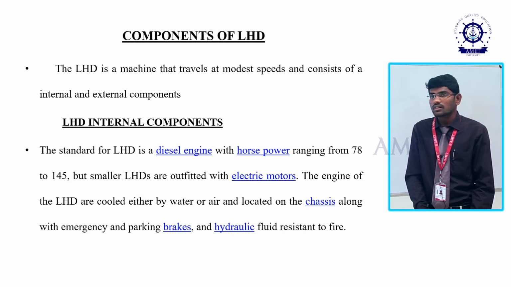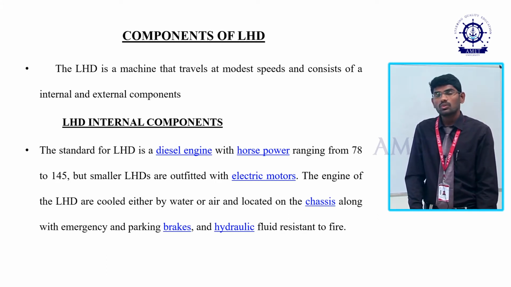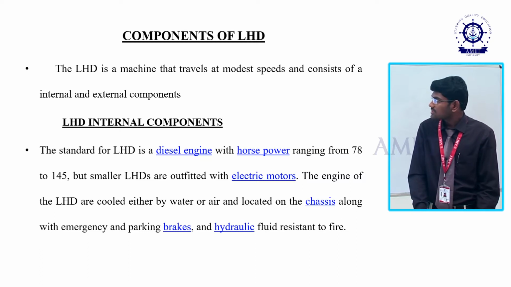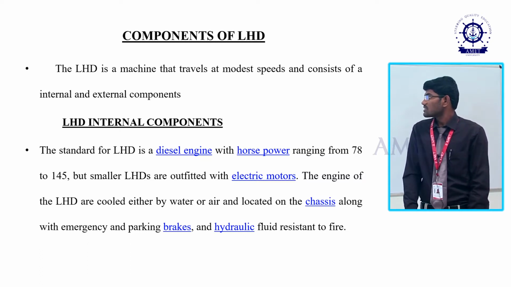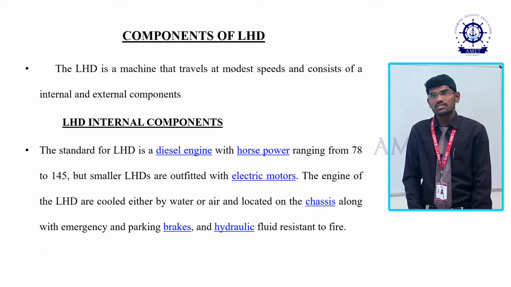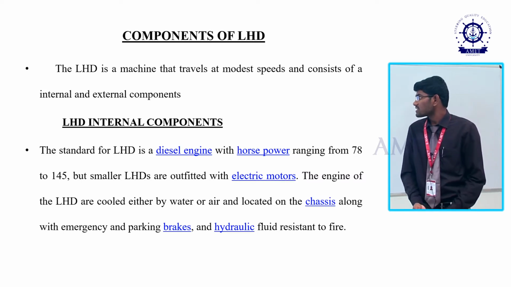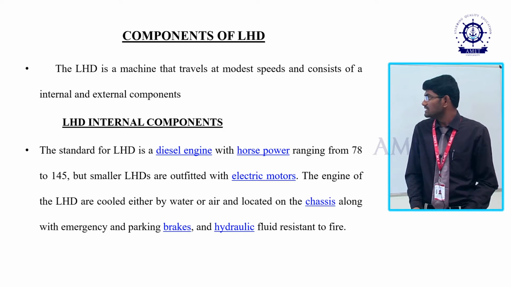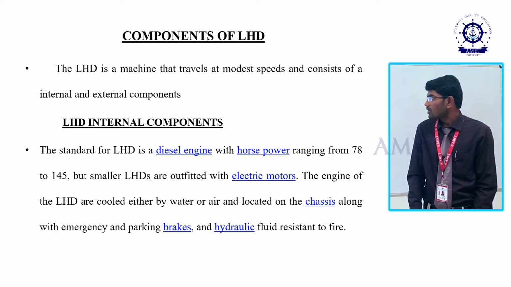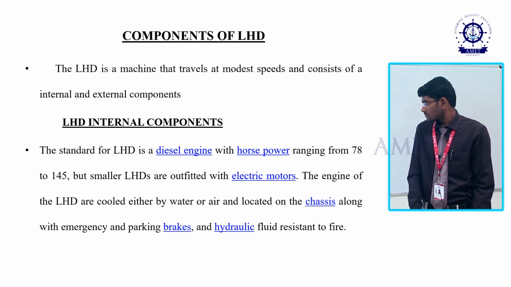LHD has different types of components, basically divided into two types. First one is internal components, second one is external components. Internal components include the standard LHD diesel engine with a horsepower range of 78 to 145 HP.